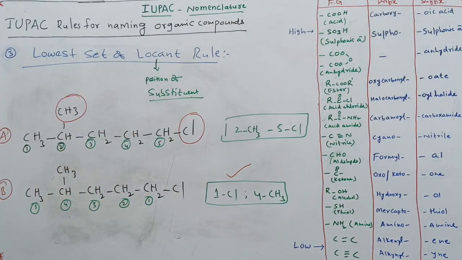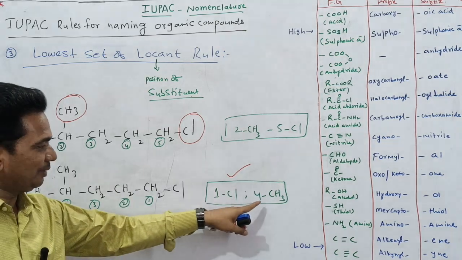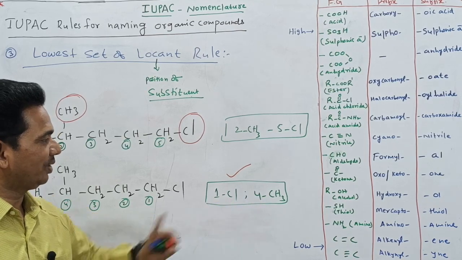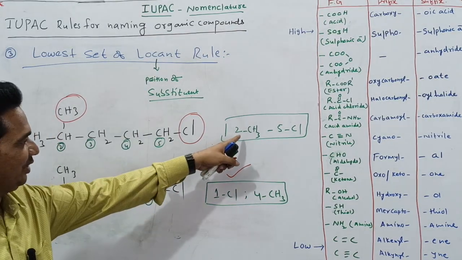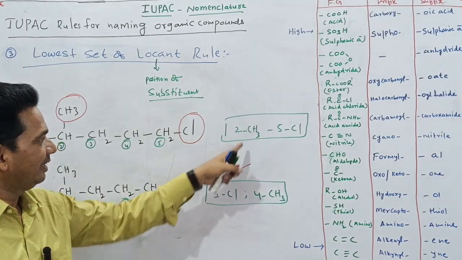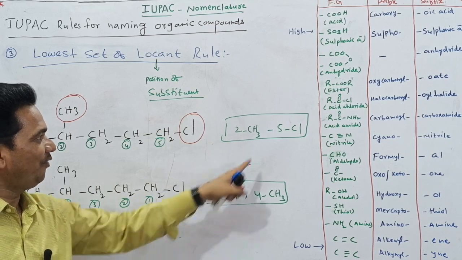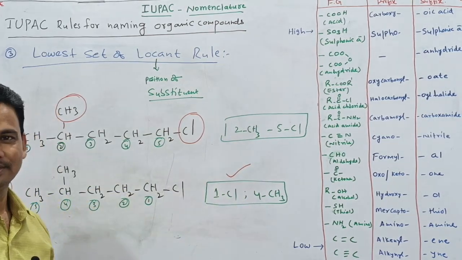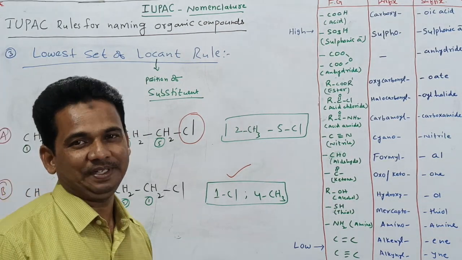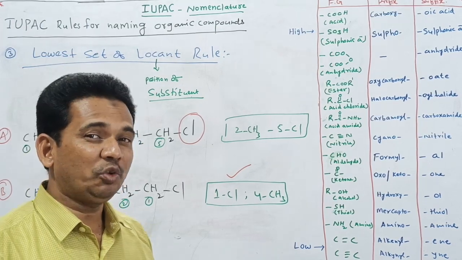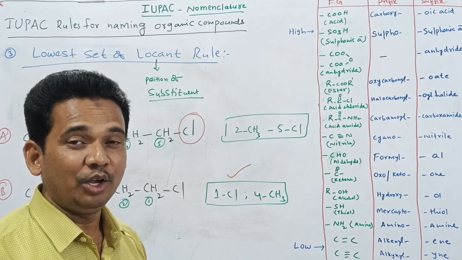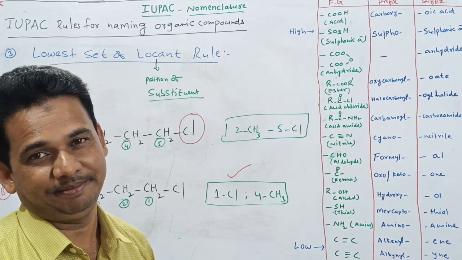Why? Here both the substituents get the lowest possible number. Chlorine gets 1, methyl gets 4. But in the other case, one got 2 and another got 5. 2 is bigger than 1, and 5 is bigger than 4. That's why, when more than one substituent is present, both the substituents should get the lowest possible number.